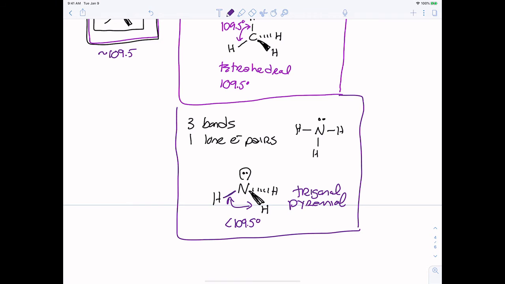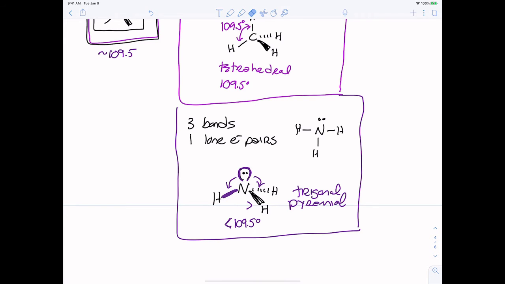The electrons represented by this line right here are being pulled on by hydrogen's nucleus, and they're also being pulled on by nitrogen's nucleus. These electrons are not being pulled on by another atom other than nitrogen, so it puffs out a little bit, it spreads out, and it squishes these guys closer to each other, making my bond angle less than 109.5.